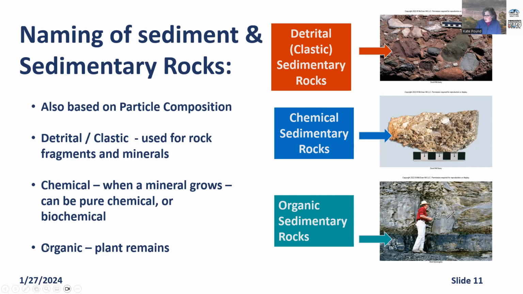And then, as I mentioned before, we can have organic sediment. That's plant remains. Over here on the right, we're looking at a seam of coal that's made up of compressed organic matter. So that's an organic sedimentary rock. Here we're looking at a limestone. It is a chemical sedimentary rock.